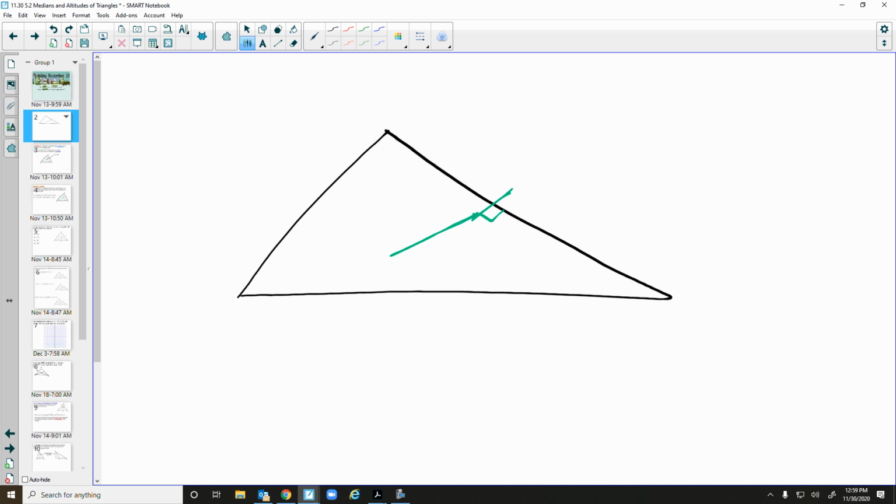And then from there, we created this circumcenter, and then there was a line that we can draw from the circumcenter to the vertices. That was for when we had our perpendicular bisector.